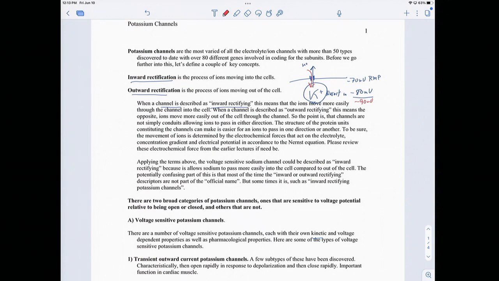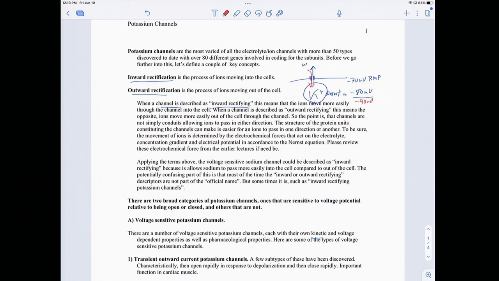But if you go above it, in this case for potassium, then potassium is going to leave the cell. If you go below it, potassium is going to come into the cell. So that particular minus 80, the reversal potential, reversal meaning it's reversing the direction by which the potassium is going to flow, into the cell or out of the cell. Again, that's why they call it reversal potential.